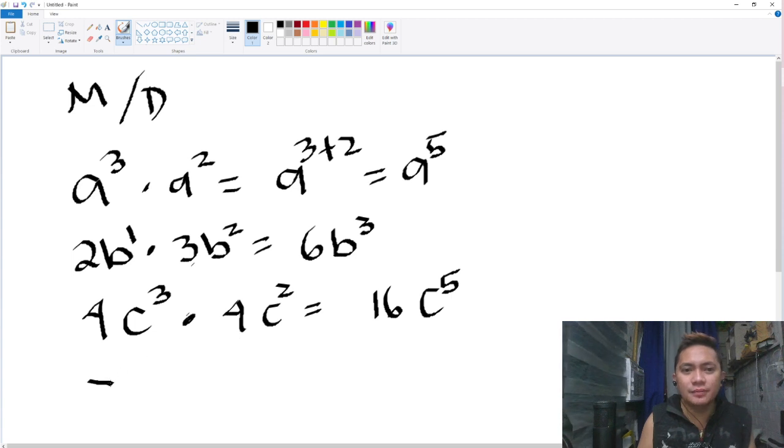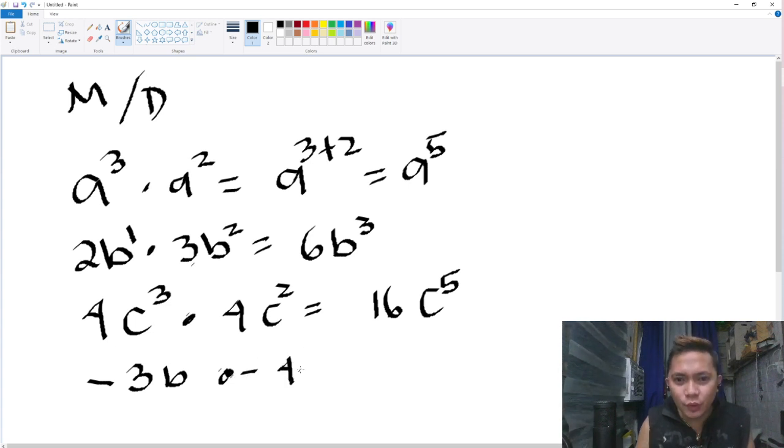How about negative 3b times negative 4b to the 5th power. Okay, so they are both negative. As we all know, negative multiplied by negative, it will become positive.